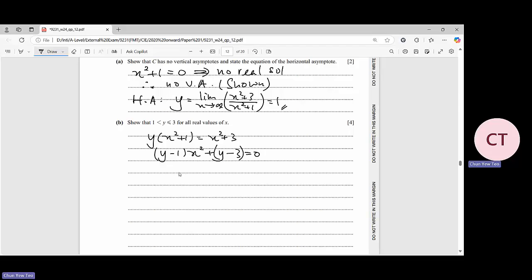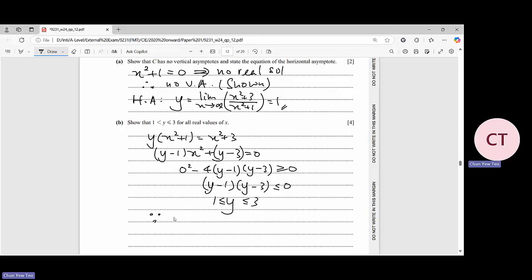In order to have solutions, your b squared minus 4ac must be greater than or equal to 0. If you simplify, you will get this, so your y is between 3 and 1.